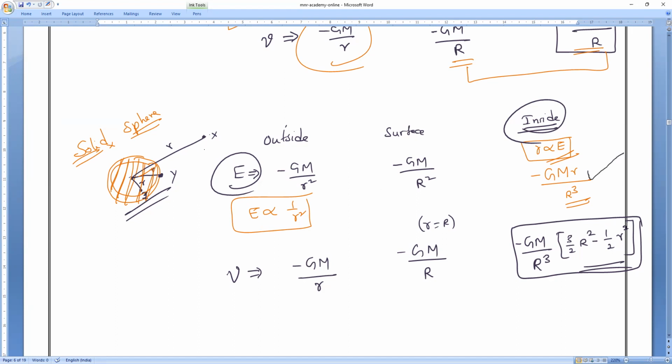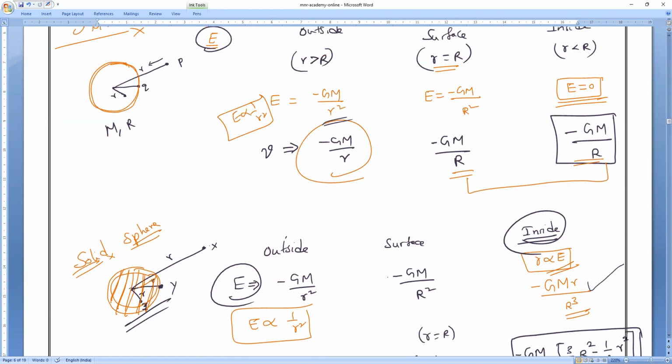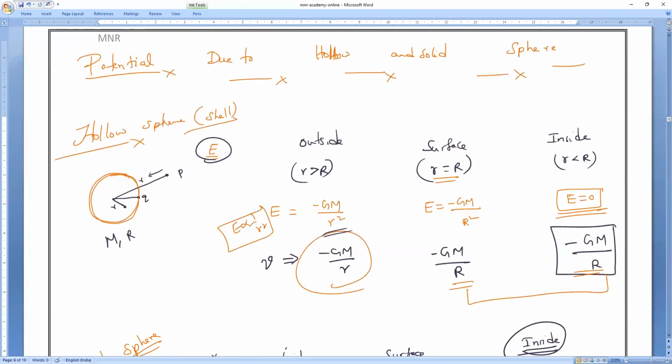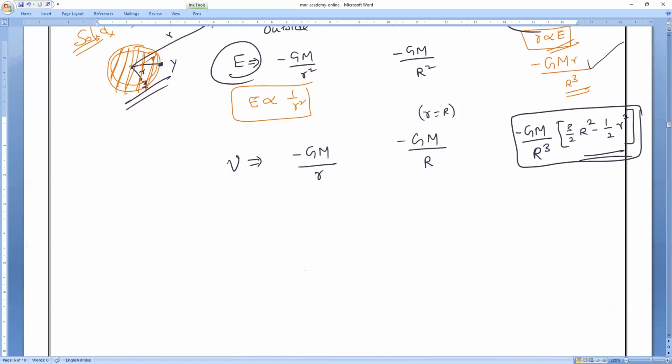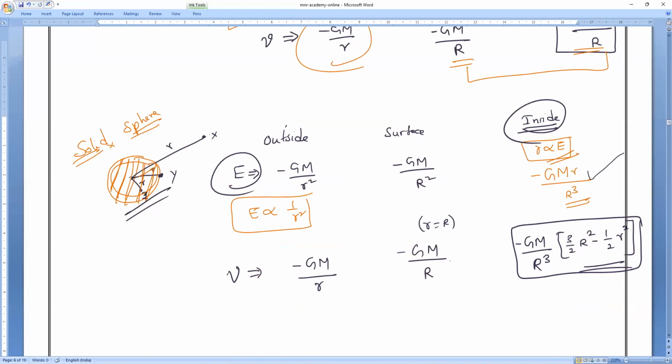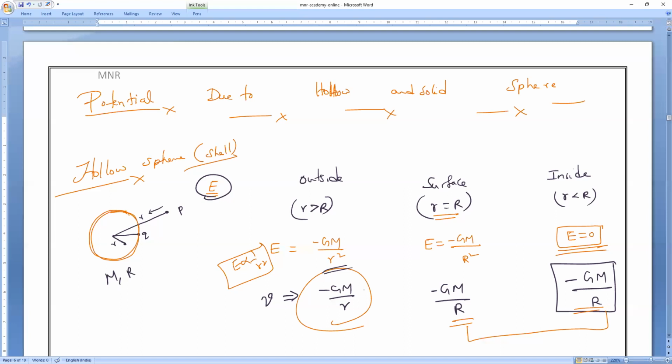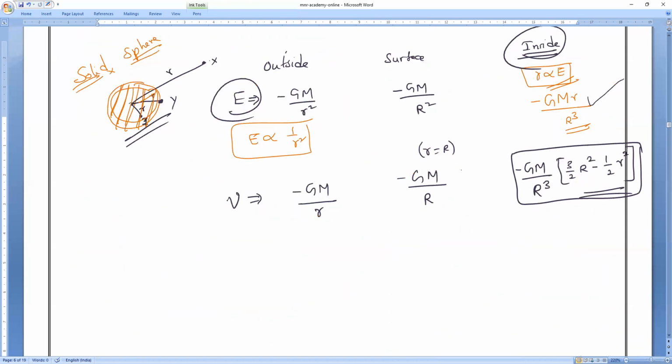Next, outside and on the surface are the same. V is equal to minus GM by r, minus GM by capital R. Nothing else changes. Only inside it is 0 for the hollow sphere, but for the solid sphere inside it is not 0. So you have to learn this equation also.